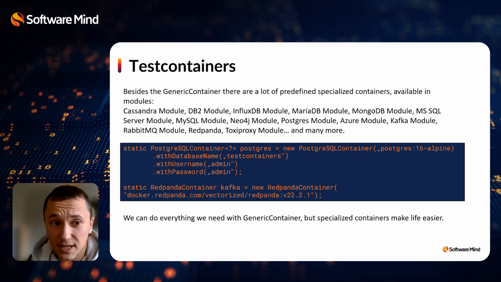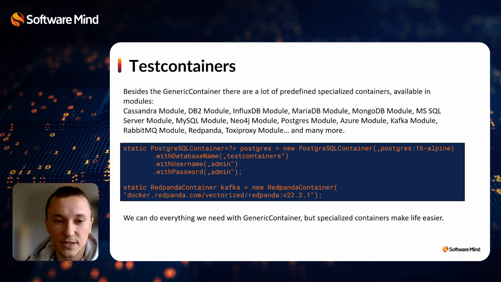They support Kafka, which is really nice, RabbitMQ, and other stuff. And remember that in case you don't have a specific container, you can still provide the generic one, like with Redis, because Redis doesn't have its own container. I don't know why, maybe it's too simple and they skipped that. But yeah, it's possible to literally put everything into such a container.